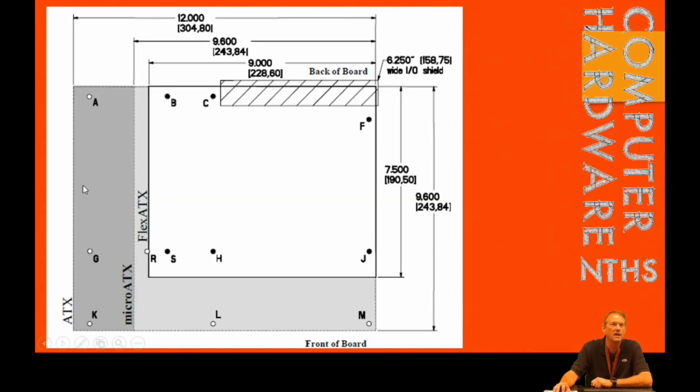There we go. These 4 base holes right here, labeled C, H, J, and F, really are the ones for a micro ATX, and then a flex ATX. Mini, flex. Then we can see micro, and then we can see full-size ATX goes all the way out here.